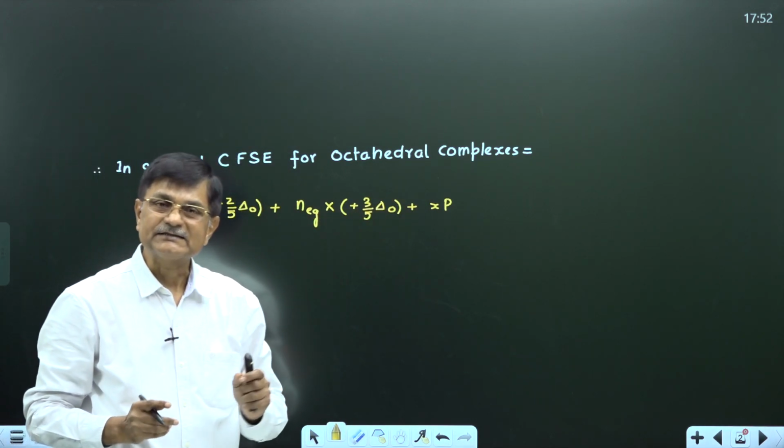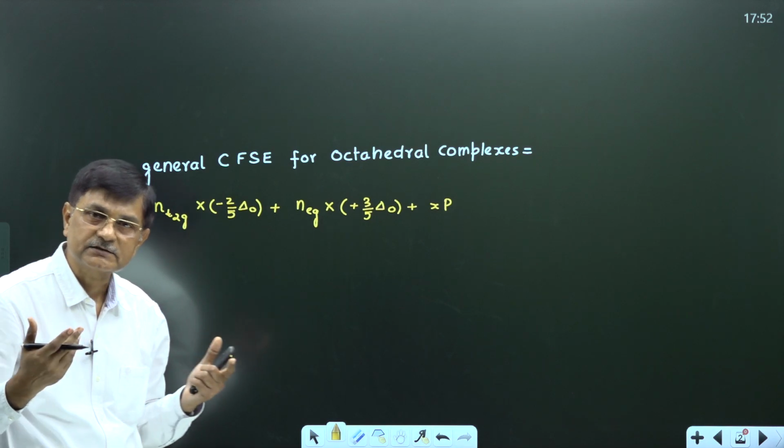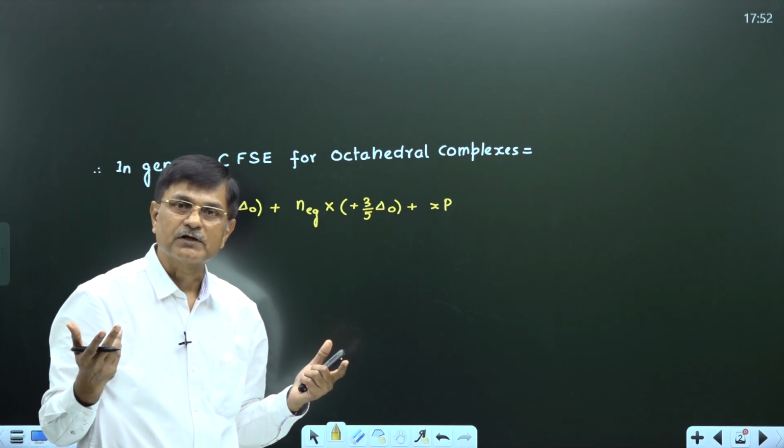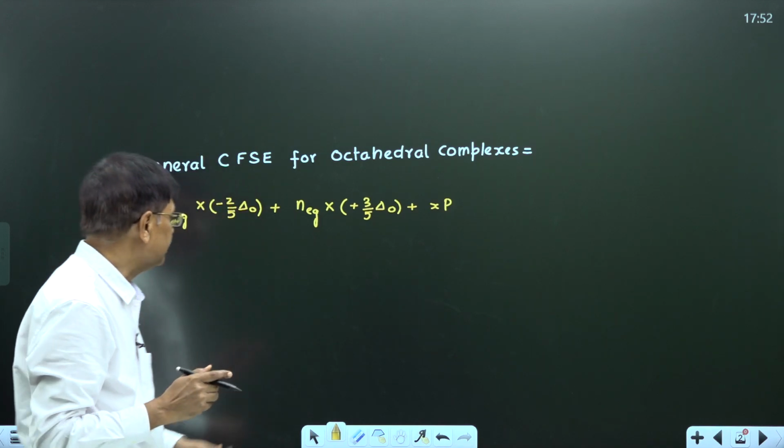The meaning of X is the extra number of paired electrons with respect to the ground state.